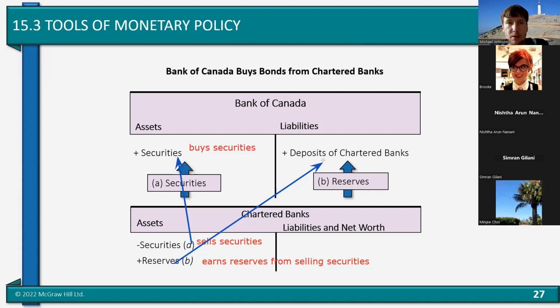But in this case, they're just storing it at the Bank of Canada. And securities mean bonds. Sometimes they store their reserves at the Bank of Canada.